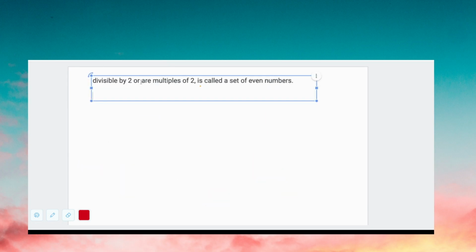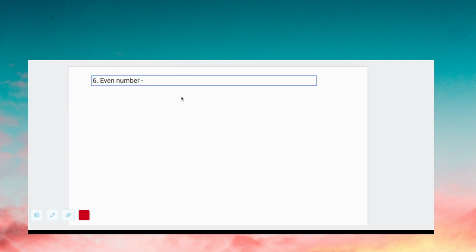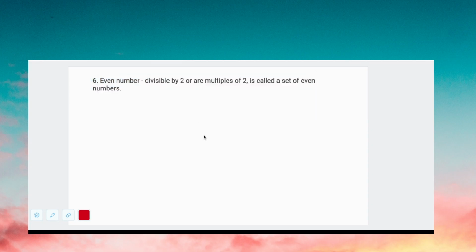Even numbers, or the numbers that are divisible by 2, or multiples of 2, are called the set of even numbers. Whatever number is multiplied by 2, those numbers are called even numbers.